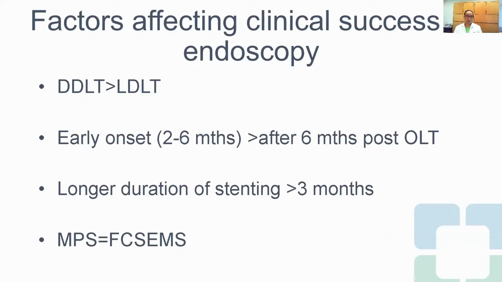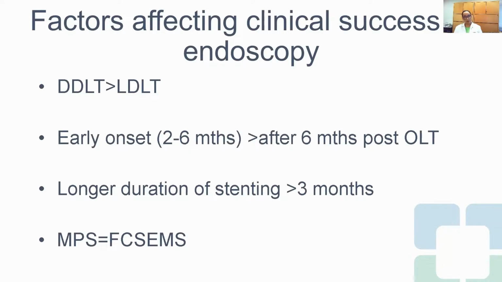Patients who present and are treated earlier in the course of the post-transplant period, especially within the first 6 months, tend to have a higher clinical success rate for stricture resolution than those who present more than 6 months after their transplant.